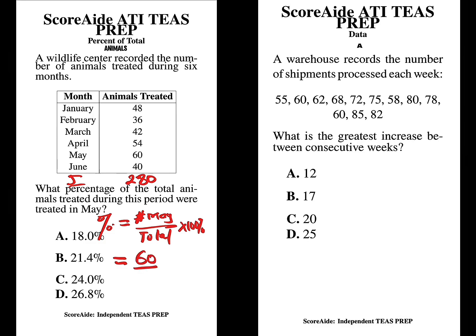So the total number of animals treated 280 times 100%. So this is gonna be 21.43%. So approximately the answer is gonna give us 21.4%. So the answer is gonna be B, approximately.